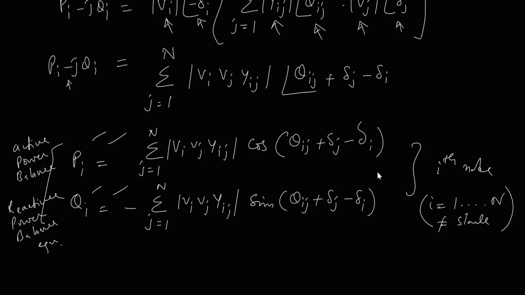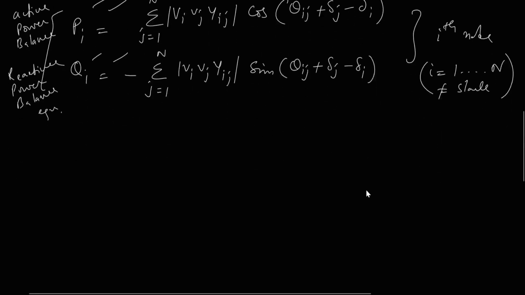So that means 2 into n minus 1 equations I can write down, right? But how many variables do I need to find out? Let us see how many variables there are that I need to find out.